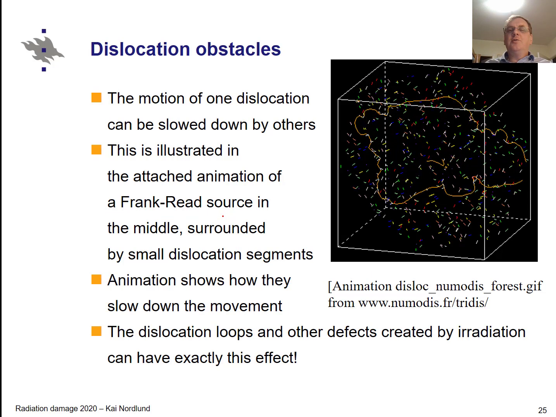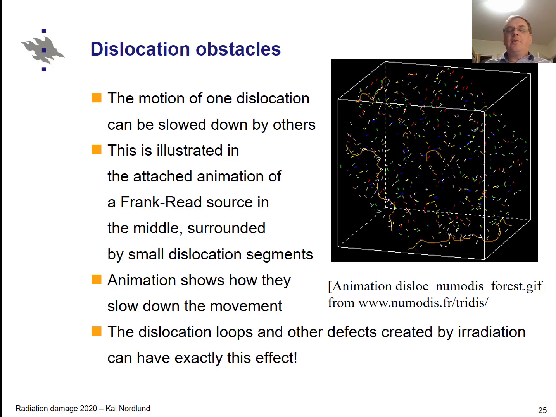Then dislocations slow down each other's motion, and this is illustrated here, where you have one Frank-Read source, but then a number of small immobile dislocation segments. They are assumed to be immobile in this simulation. You see how the motion of the dislocation is affected by the segments.